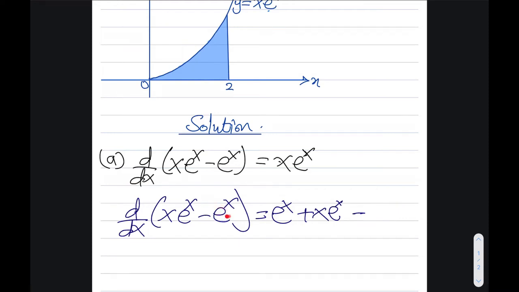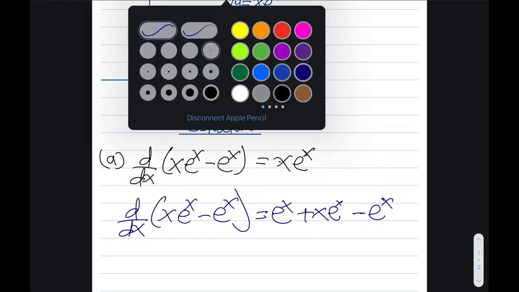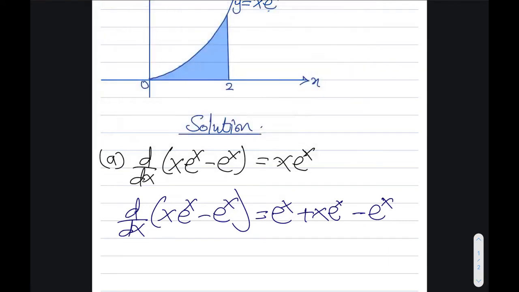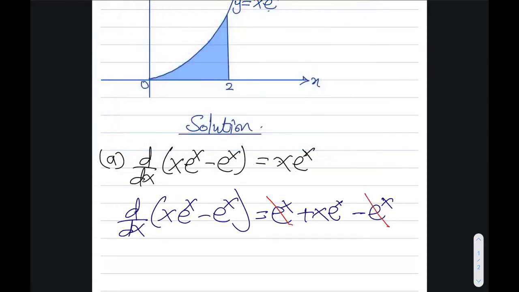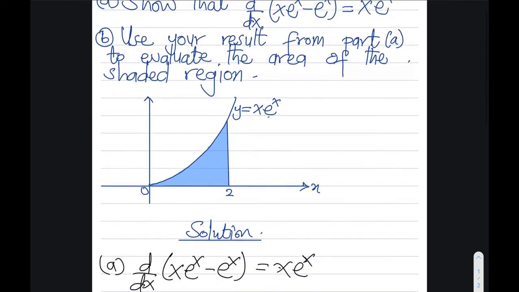Now, this last bit of e to the power x too, when you differentiate, you should get e to the power x. All right, now what can we see? Well, this should cancel out that. Okay, so we can simplify to say that indeed our answer is x e to the power x.